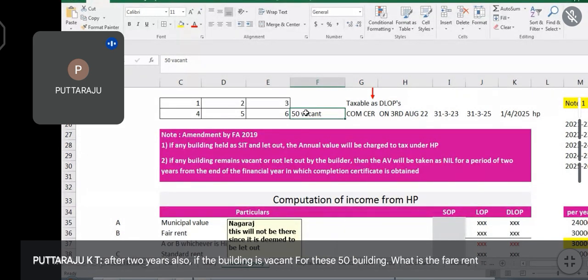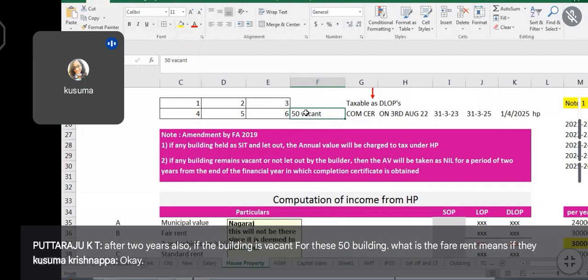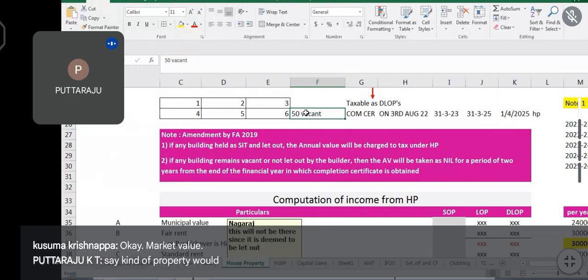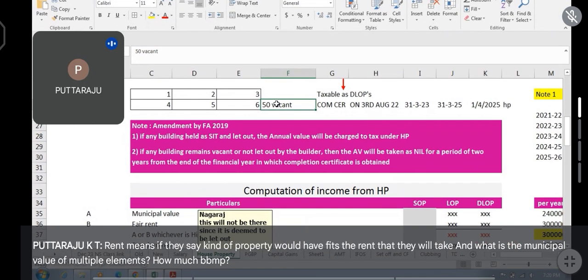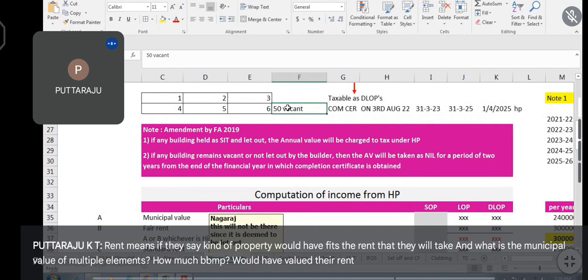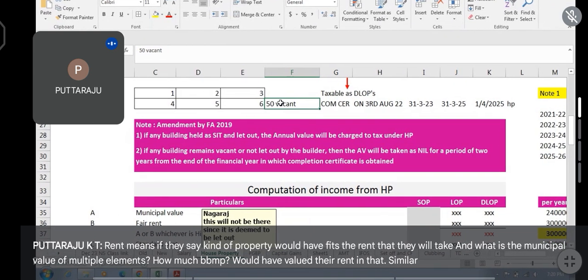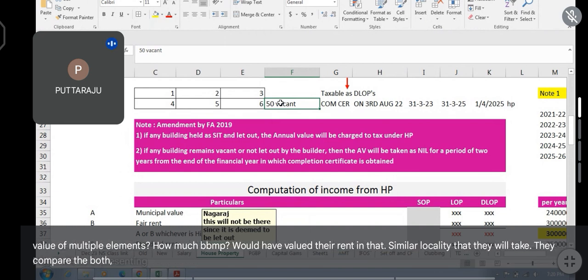Fair rent means the rent the same kind of property would have fetched, that they will take. And what is the municipal value? Municipal value means how much BBMP would have valued the rent in that similar locality. They compare both, and whichever is higher will be considered as your annual value.